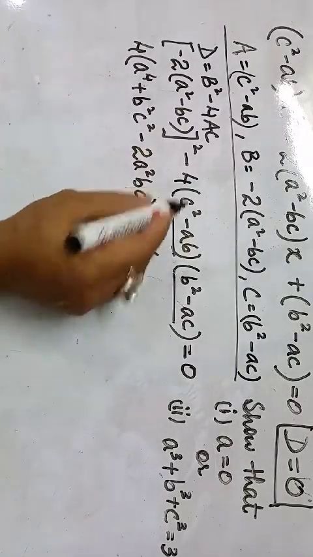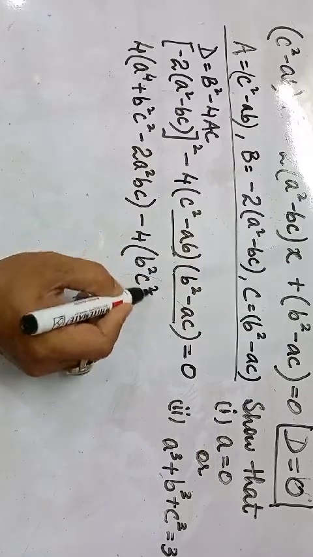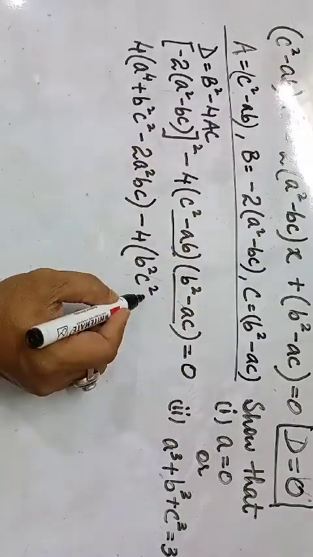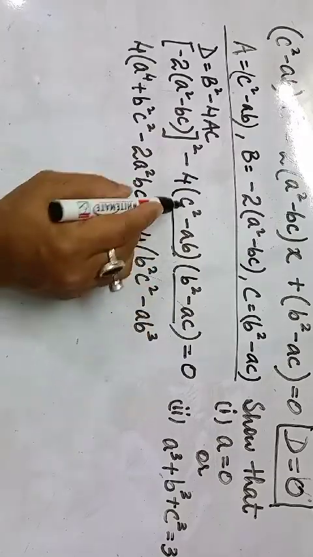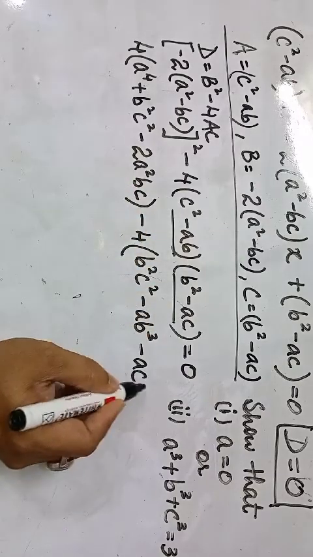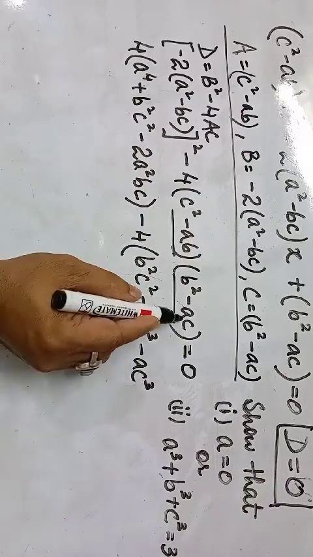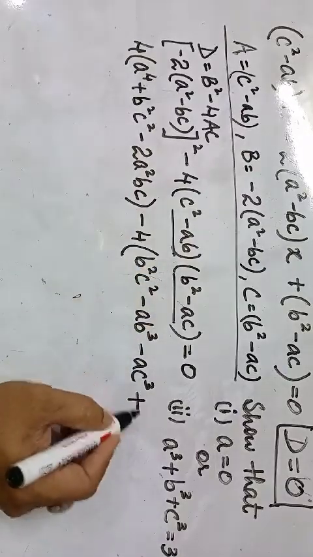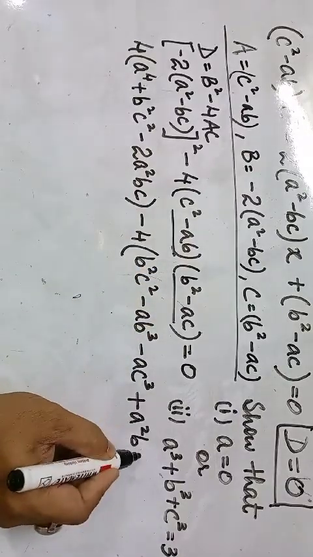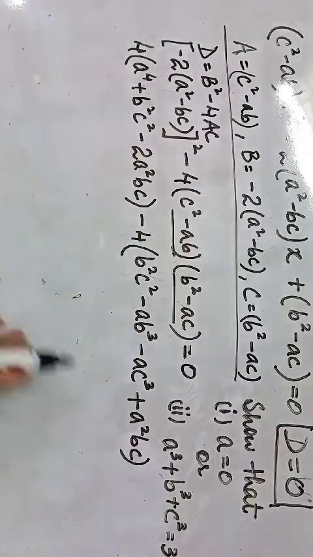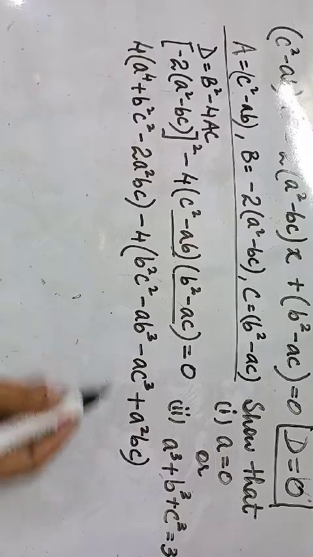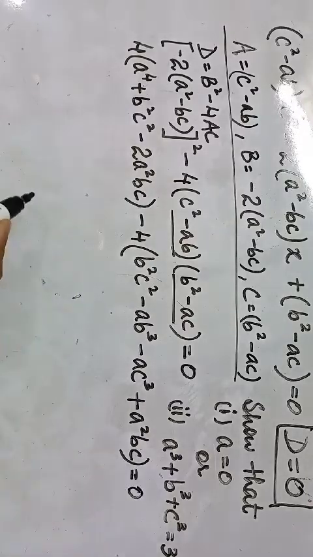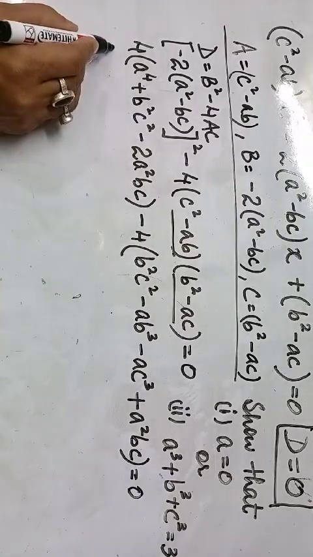So you will have this into this, which will give you b square c square, then this into this, which will give you minus ab cube, then this with this will give you minus ac cube, and then this with this will give you plus a square bc. Please be very careful. Somewhere you are getting square, somewhere you are getting cube, so you have to be careful with that.